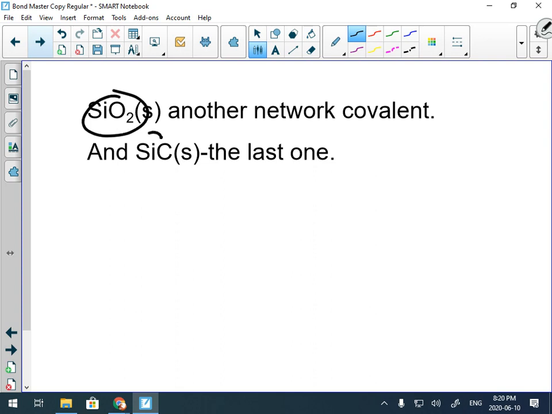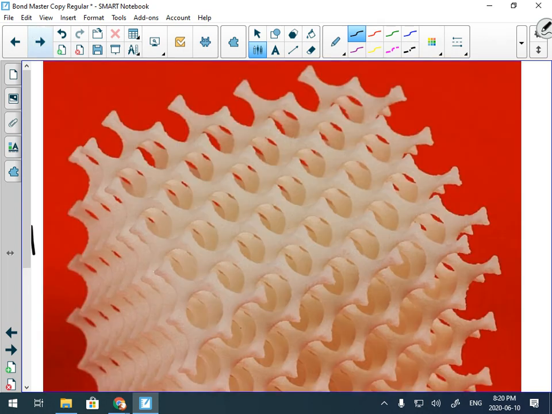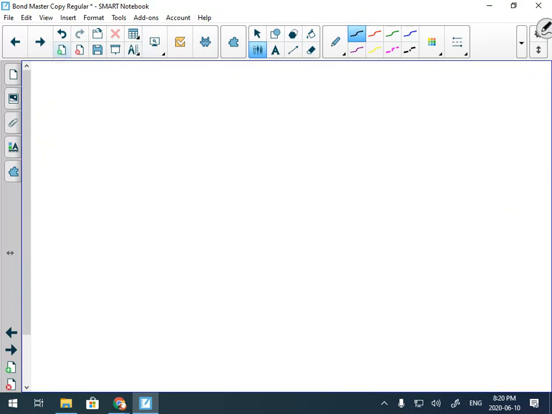Silicon dioxide is one other one, silicon carbide. So here are the four that you have to know. All of these exist in a network covalent system because carbon and silicon have 4 valence electrons. So what you get is carbon binding itself in 3-dimensional space to infinity and beyond.